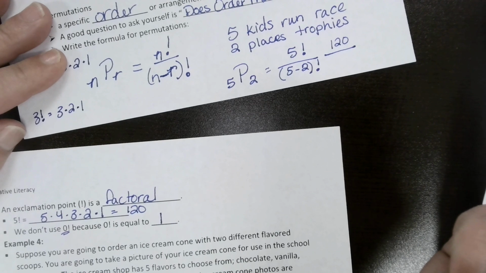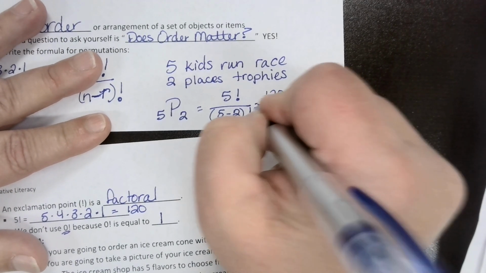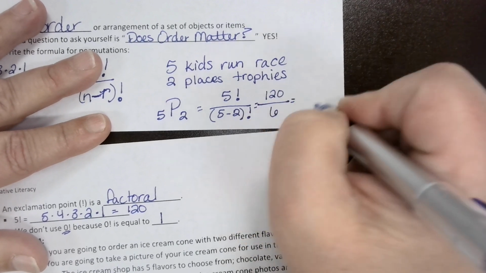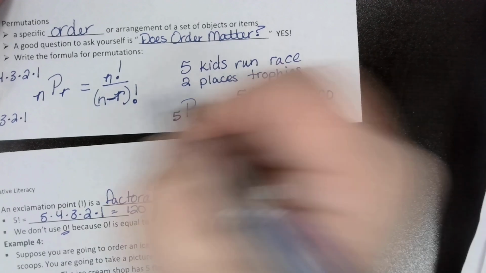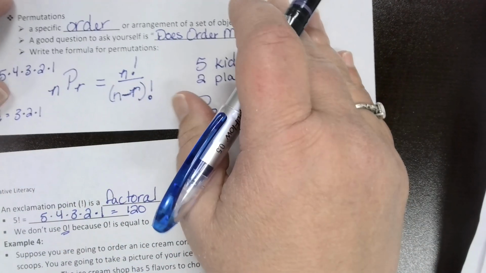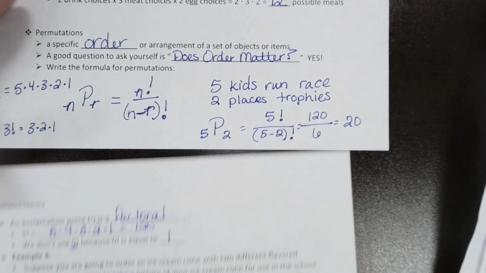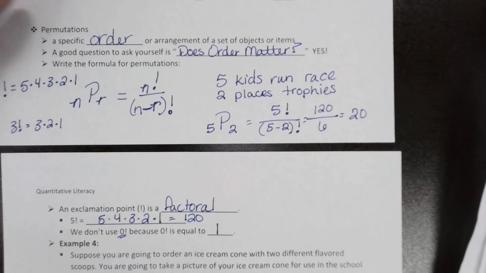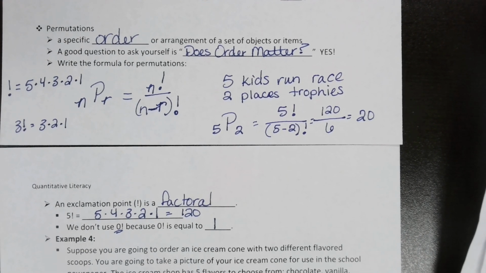Well, 3 times 2 is 6, times 1 is still 6. 120 divided by 6 is 20. So there's 20 possible arrangements for first and second place with 5 kids running a race.